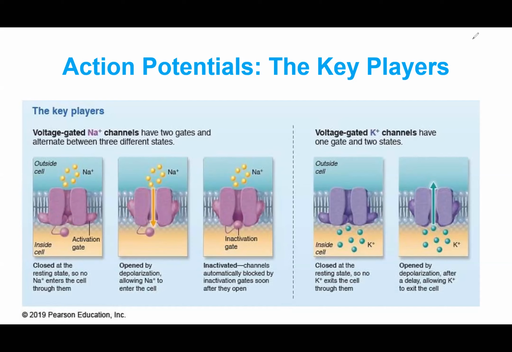Potassium channels, voltage gated potassium channels, they only have 1 gate and they are either open or they're closed. So during rest, closed at rest. Potassium gate, you see that gate right there, is closed.